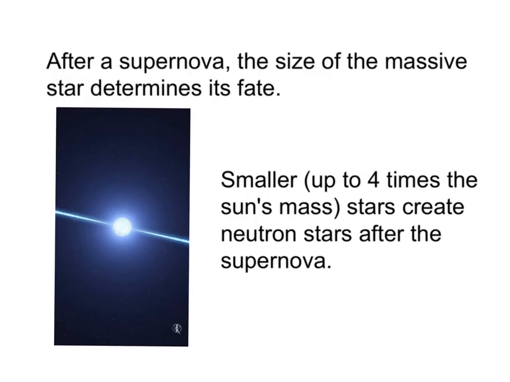Now, we are talking about very, very large stars here, but even very big stars, some are larger than others. So the size of that massive star is going to determine what happens to it after the supernova. If it's on the small side, which means up to maybe 4 times the mass of our sun, those stars will create something called neutron stars after they supernova.